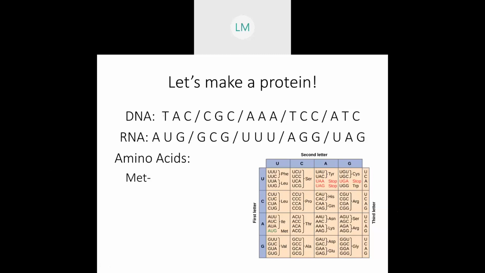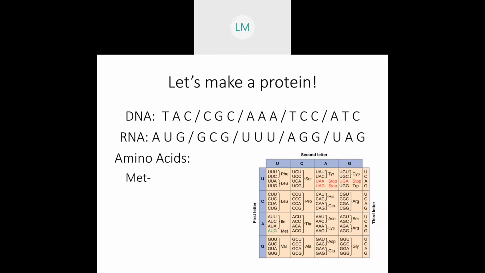So this is our DNA strand. In transcription, we make our RNA strand, and then this is the strand that is anchored in the small subunit. So this is what we're reading here. That's what's referring to this chart. And then this sequence here, like this AUG, codes for methionine because this is the codon.